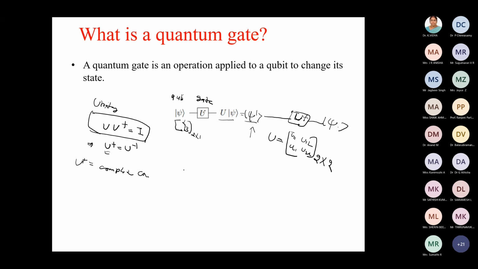So understand this: on psi, if you apply the U gate and you get psi dash, then if you apply U dagger on this psi dash, you will get the original psi. Is this clear? Because U dagger U is basically identity, so it is just psi only.